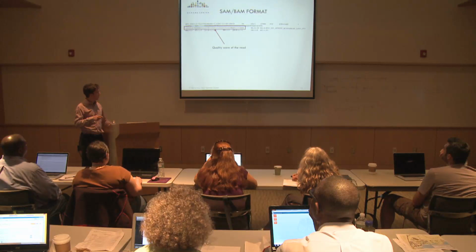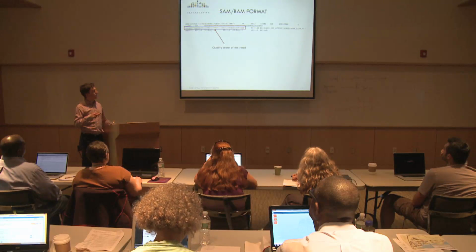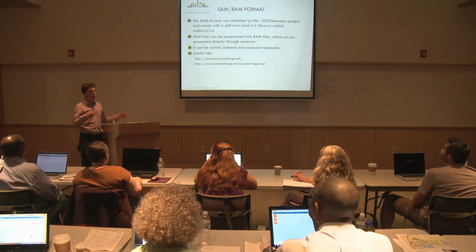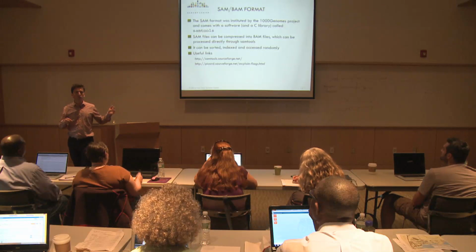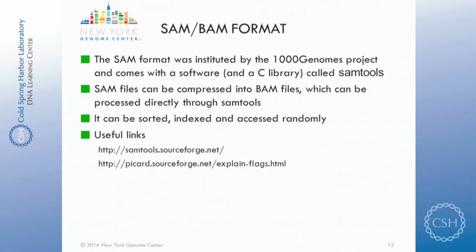And the advantage of that format, you could imagine many different ways to report alignments. The advantage of having all the aligners using the same format is that many tools are developed for that format. It's clearly a community standard. It comes with a software called SAMtools and a C library.